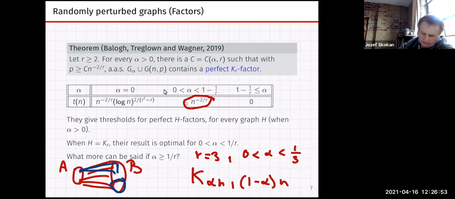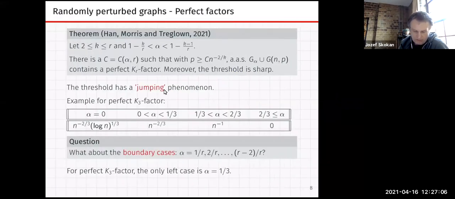All right, so in some range we have optimality, but what happens if alpha is at least 1 over r? What can be said then? Well, Jie Han, Patrick Morris, and Andrew Treglown came shortly after, and they proved the following result. You look at k ranging between 2 and r, and you classify alpha based on which interval, depending on k, it belongs to.